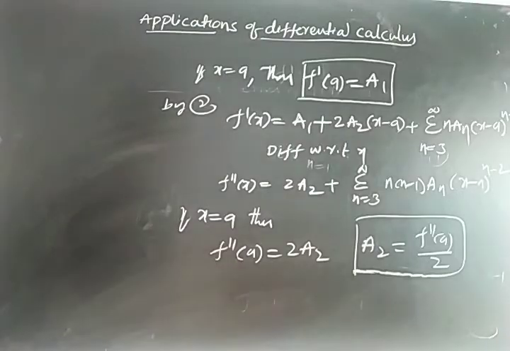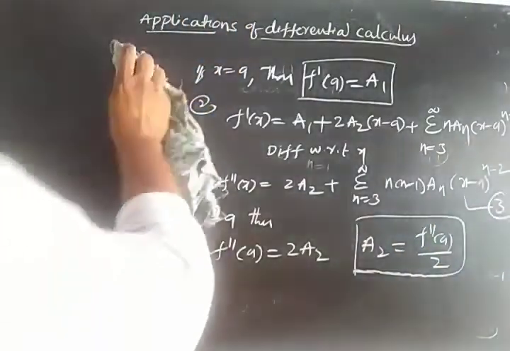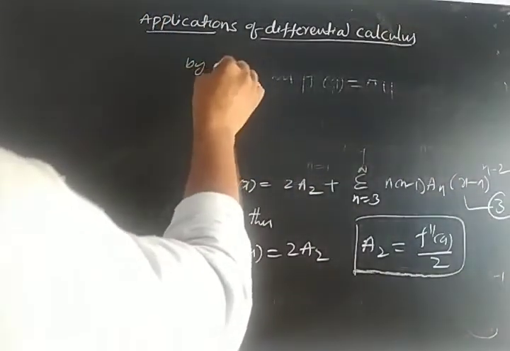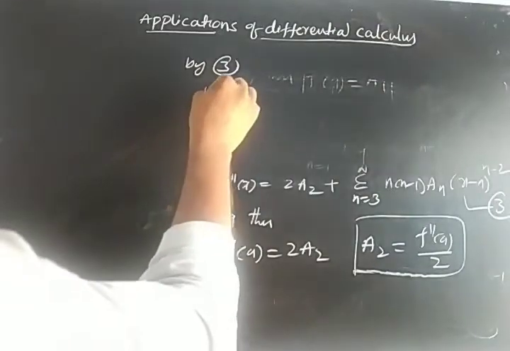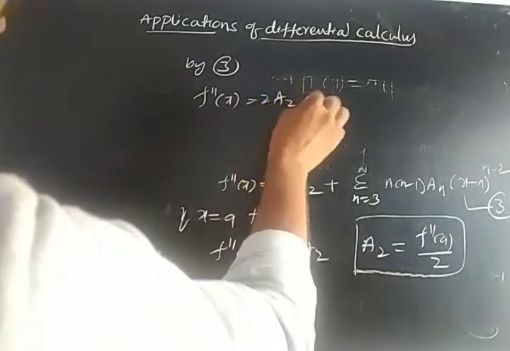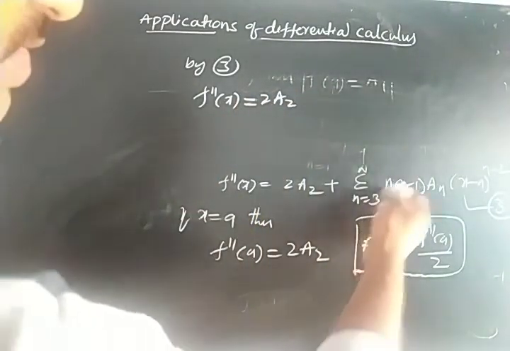Now to get a3, we have to rewrite the equation 3 again. By 3, I am rewriting the equation. Again we can write this as f double dash of x is equal to 2a2, I am taking one more term by substituting 3.